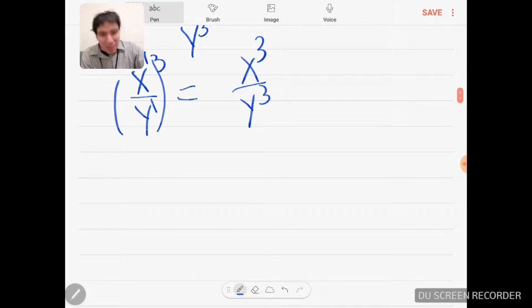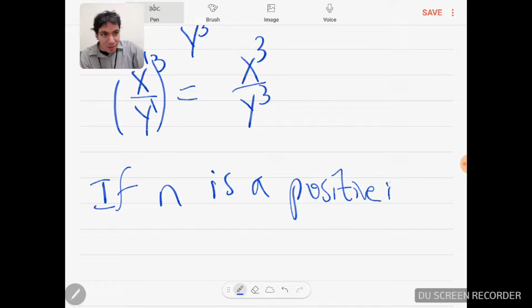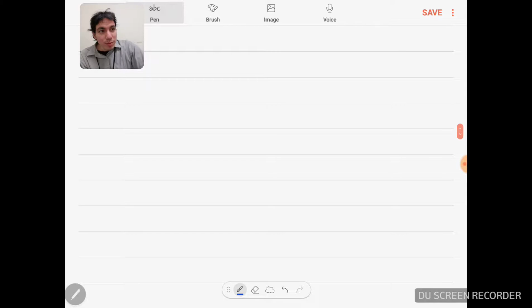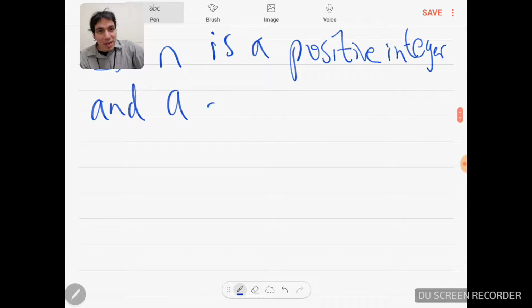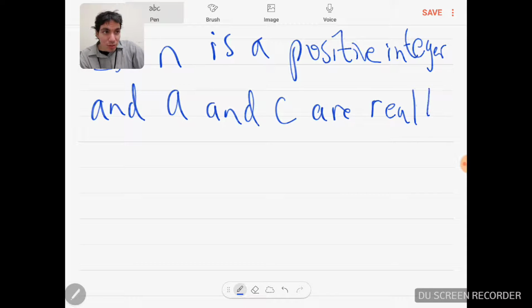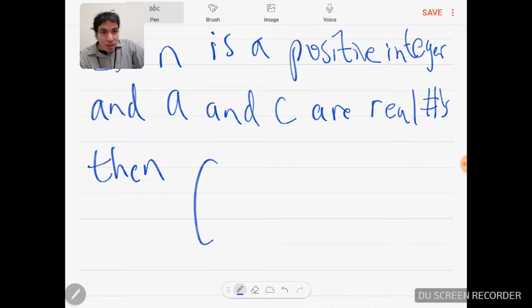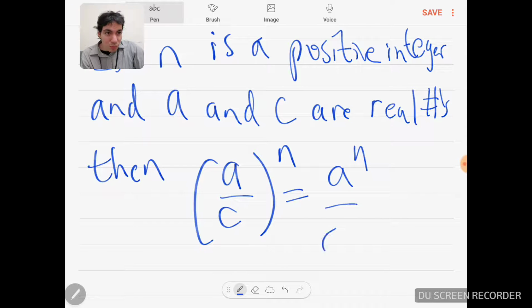So in general, and this is for the power of quotient rule, if again, not m and n, it's just n, if n is a positive integer, and A and C are real numbers, then A over C to the n is equal to A to the n over C to the n, where C is not equal to 0.